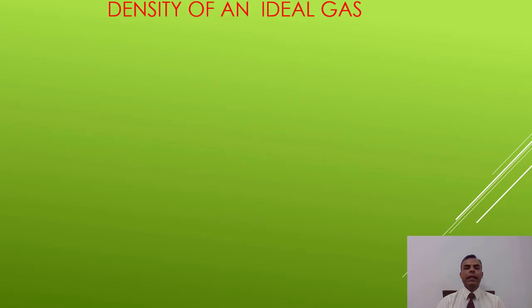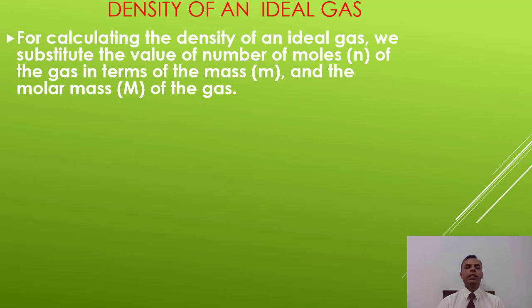Density of an ideal gas. We can calculate the density of an ideal gas by using the ideal gas equation. For calculating the density, we substitute the number of moles of the gas in terms of the mass and the molar mass of the gas.